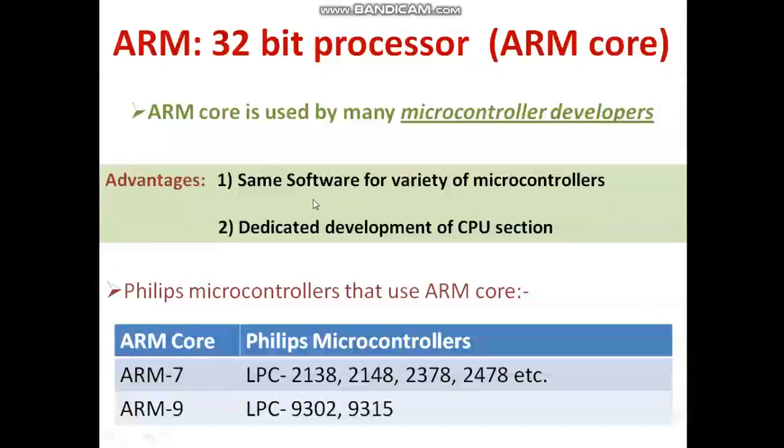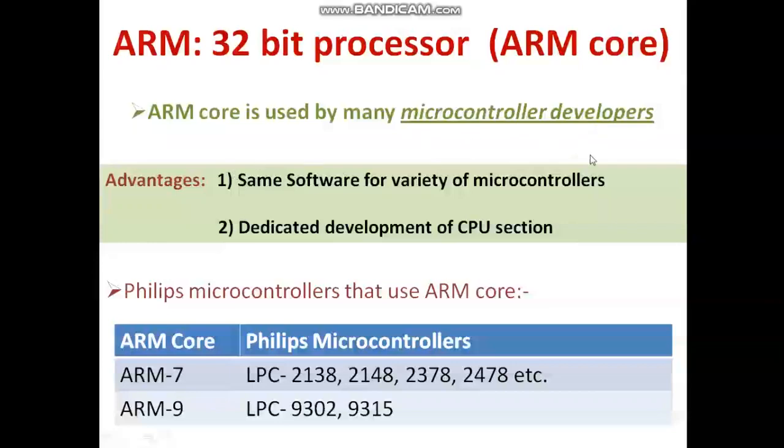The other advantage is that because an independent company is focusing only on the design of this CPU section, it can be developed with all the necessary features, the whole of the processing power, and therefore this CPU is a well developed CPU, and that advantage is taken by the other microcontroller developers.